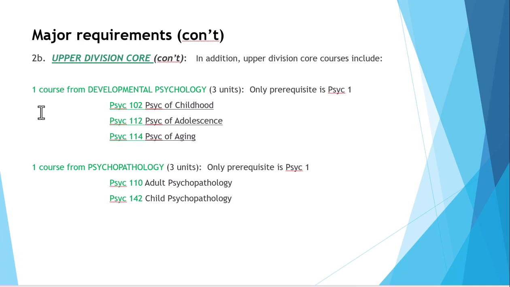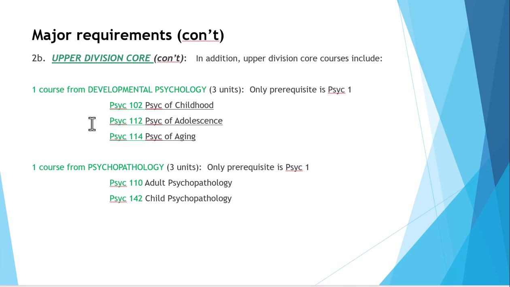So we're asking you to choose one class out of these 3 to fulfill this requirement. So Psych 102 is the Psych of Childhood, Psych 112 is the Psych of Adolescence, and Psych 114 is the Psychology of Aging.